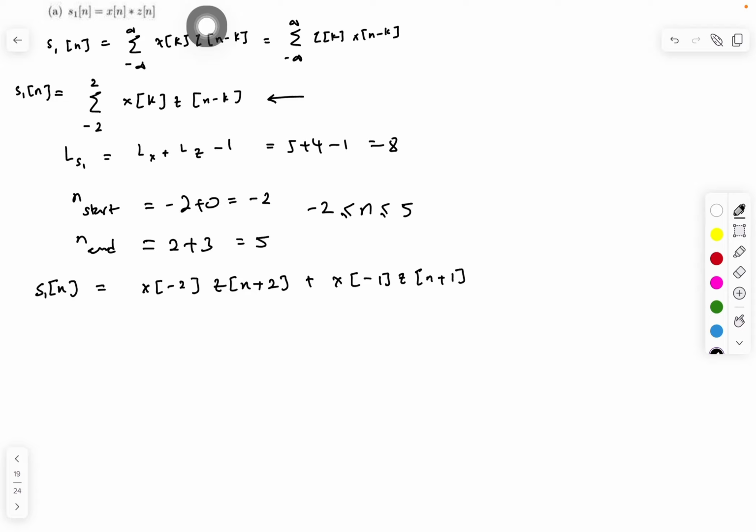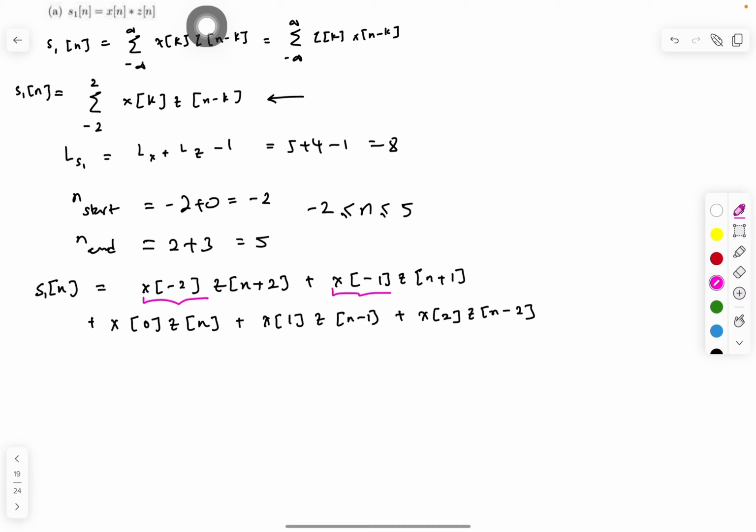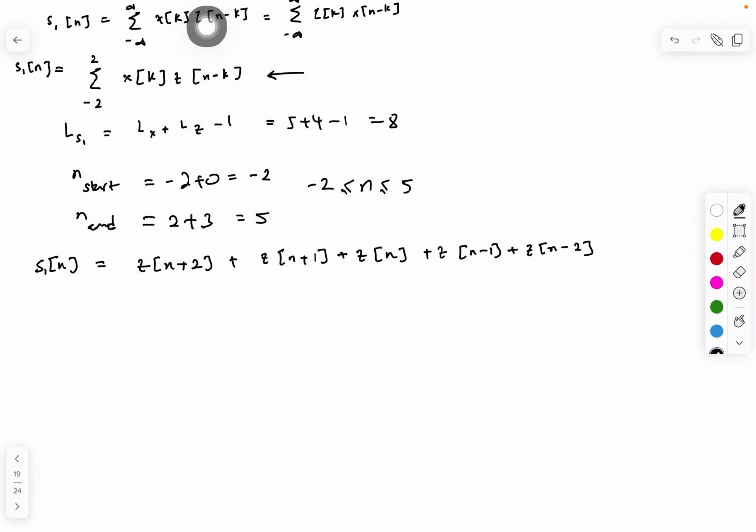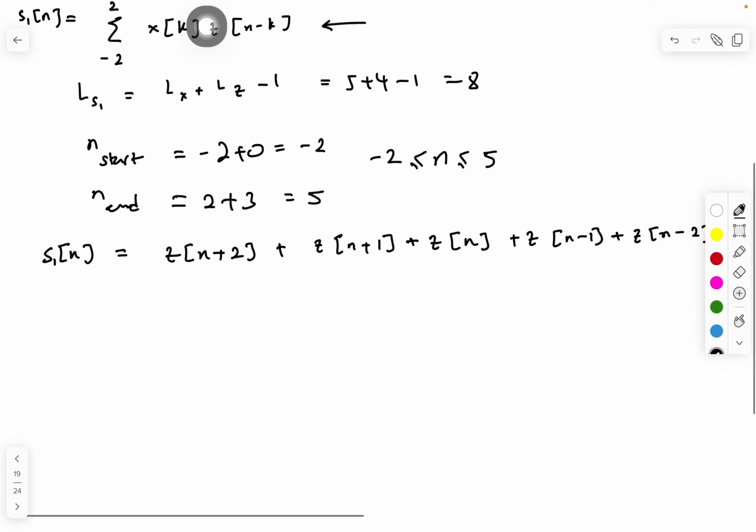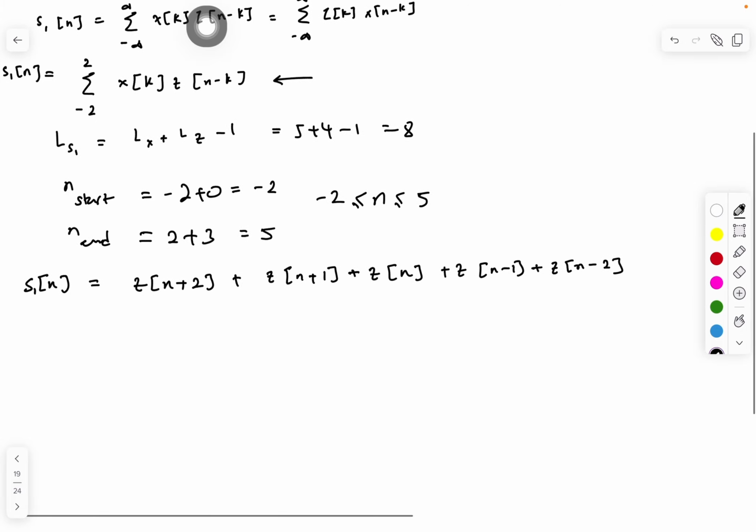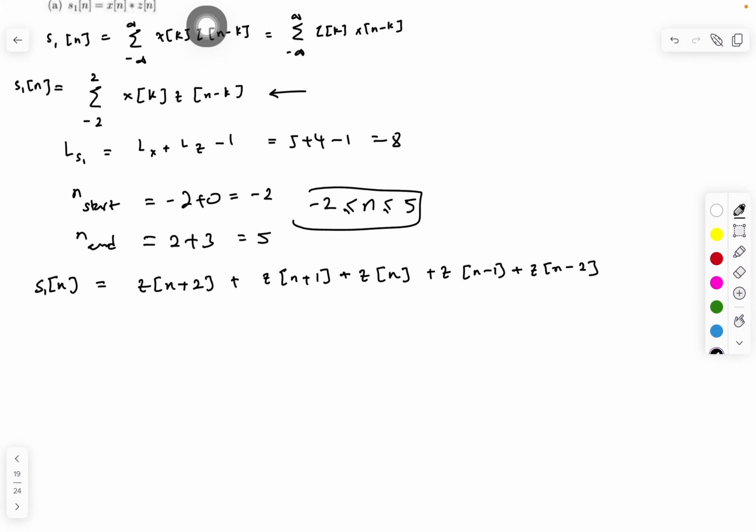And now we can substitute these values, and all of them are equal to 1. So this is the equation after we simplified the summation, and now we can start substituting the values of n in this range.